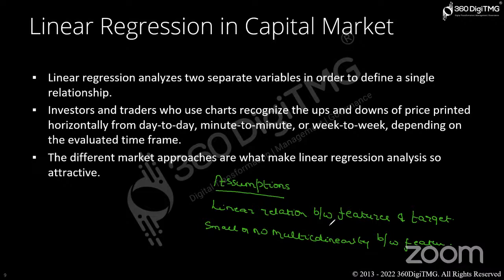Multicollinearity here means high correlation between the independent variables. Due to multicollinearity, it may be difficult to find the true relation between the predictors and the target variable. Or we can say it is difficult to determine which predictor variable is affecting the target variable and which is not. So the model assumes either little or no multicollinearity between the features or independent variables.